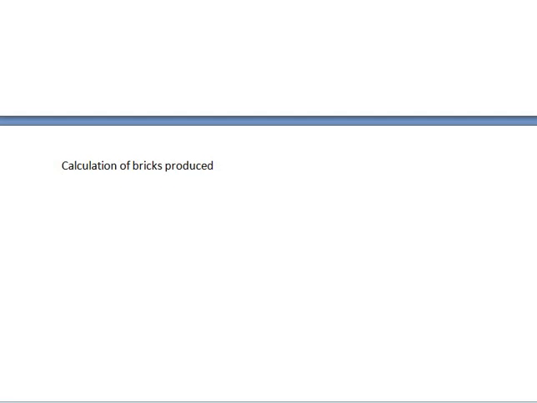Now, total bricks made, which is given in the problem, is 1 crore 1 lakh 52,284. So this is bricks made.